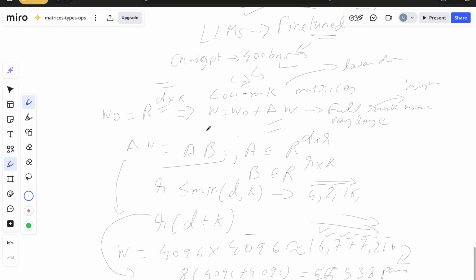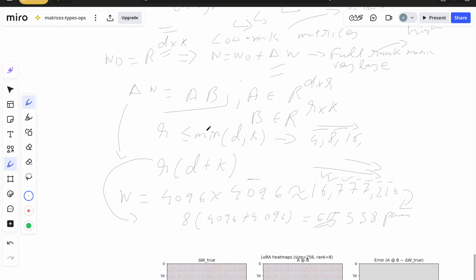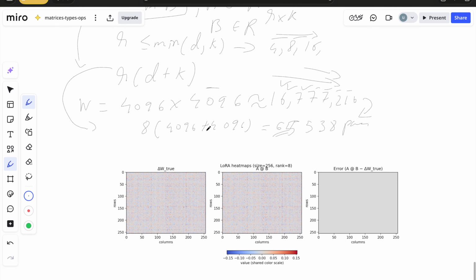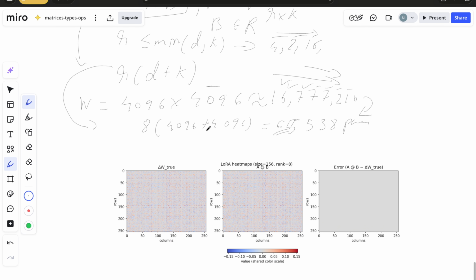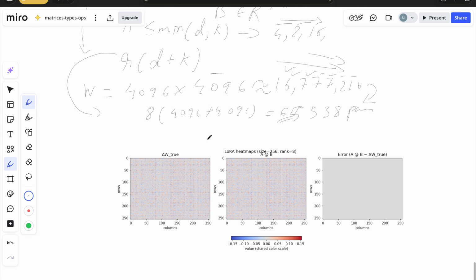Now, I have plotted an updation scheme for LoRA using a dummy matrix, and I will try to explain what it is. On your left side you see W true, right? What does it mean? This is basically the ground truth.